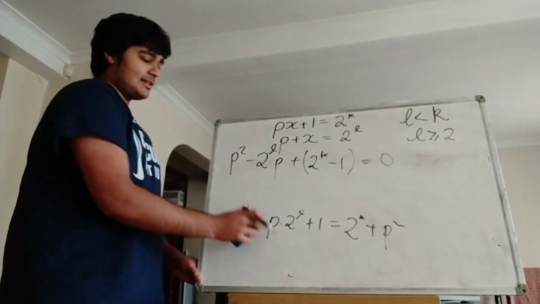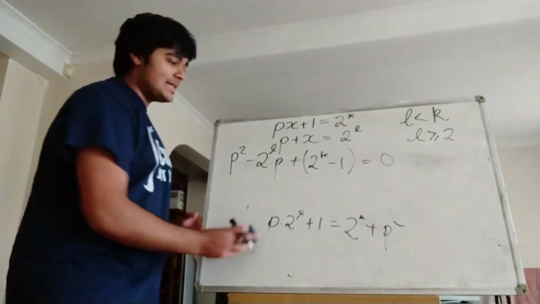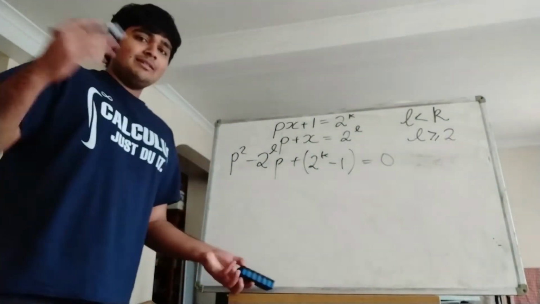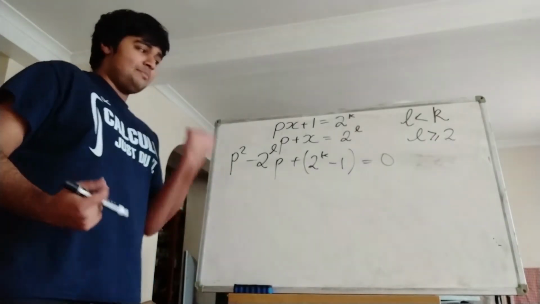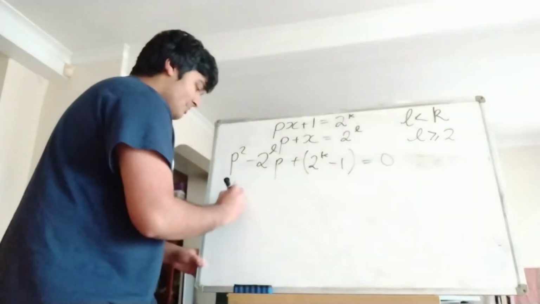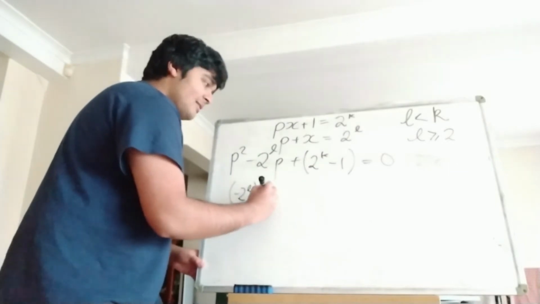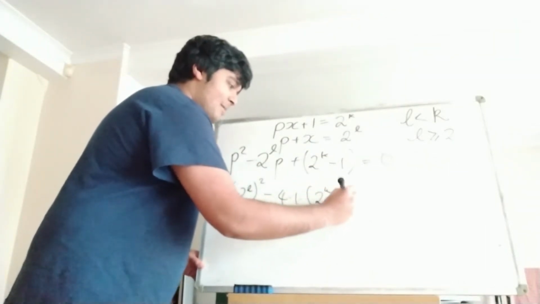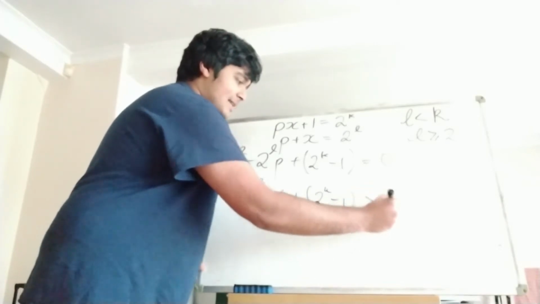So that's the quadratic we have in terms of p, and we know this has a real solution, so the discriminant has to be at least 0. So what is the discriminant? It's b squared minus 4ac, so (minus 2 to the l) all squared, minus 4 times 1 times (2 to the k minus 1), and that has to be bigger than or equal to 0.